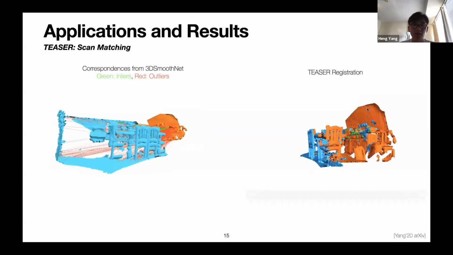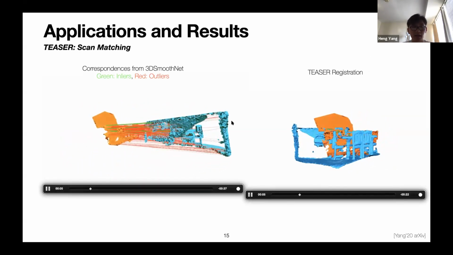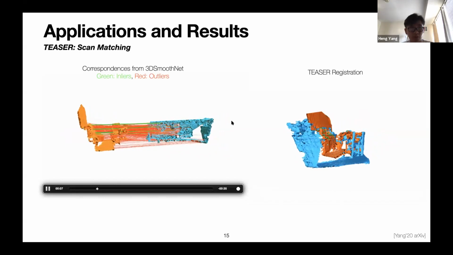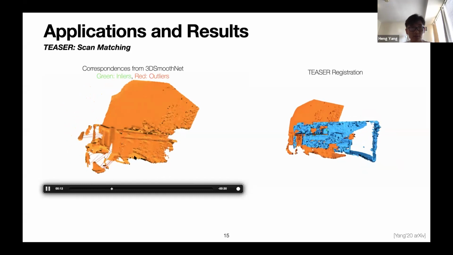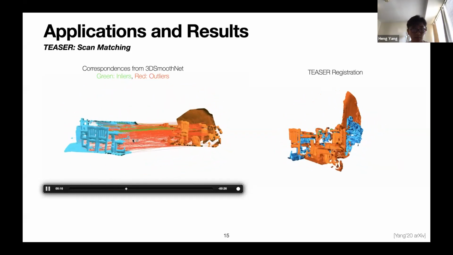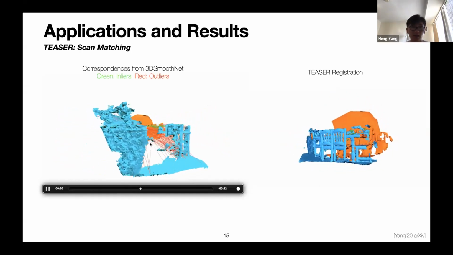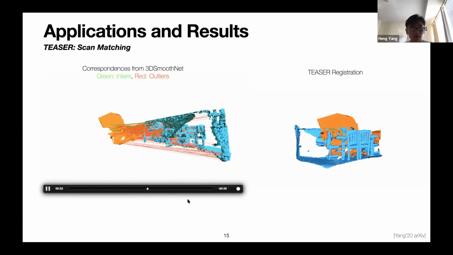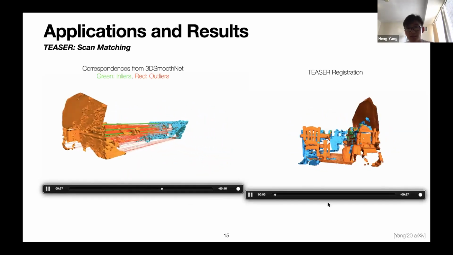And in the TEASER case, which is point cloud registration, we show that TEASER can actually run on problems of really large size. Here, on the left video, I'm showing two scans with correspondences obtained from a deep neural network called 3DSmoothNet. It gives you a lot of outliers, as shown by these red lines. But TEASER is super robust to these outliers.